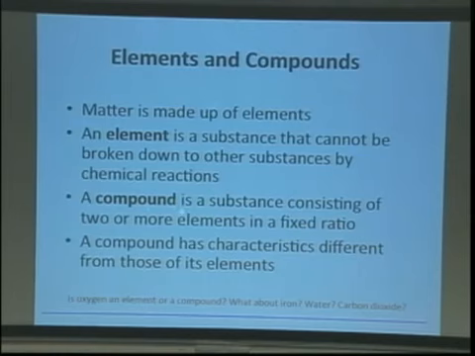A compound is a substance that consists of two or more elements in a fixed ratio. A compound has characteristics that are different from those of its component elements. All right? So oxygen, is that an element or a compound? Element, yeah.